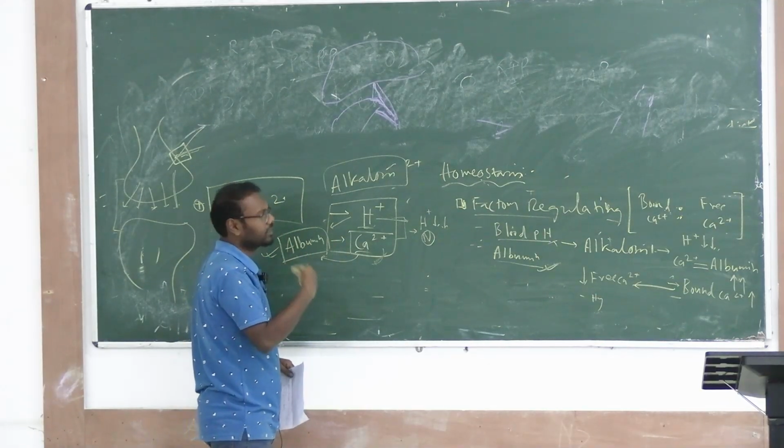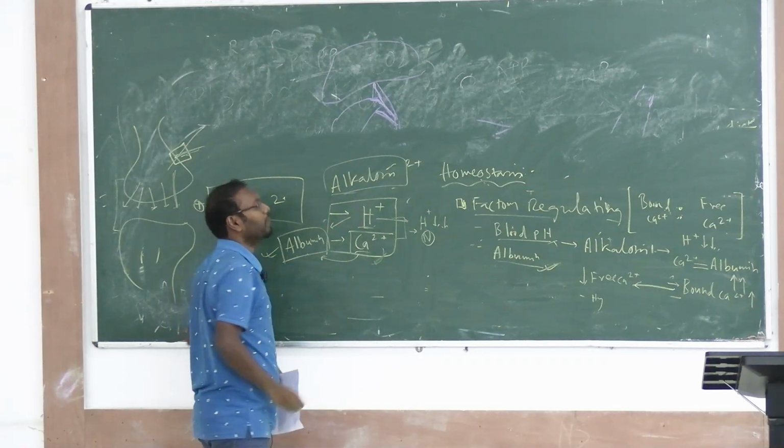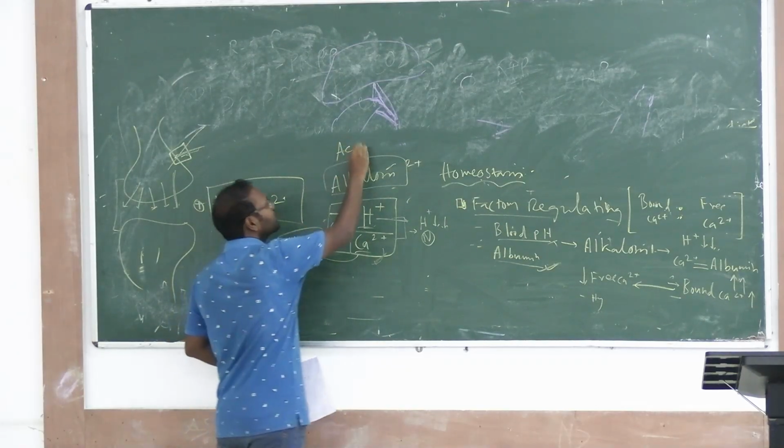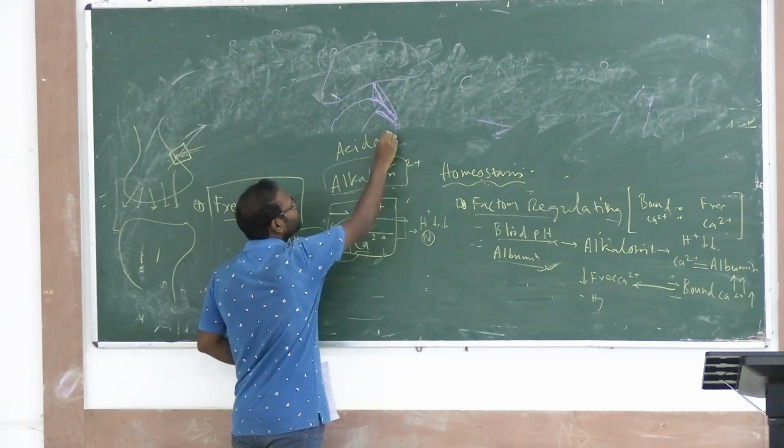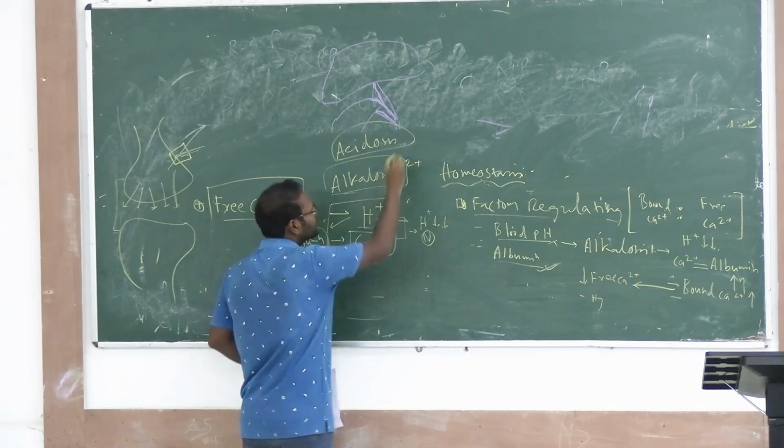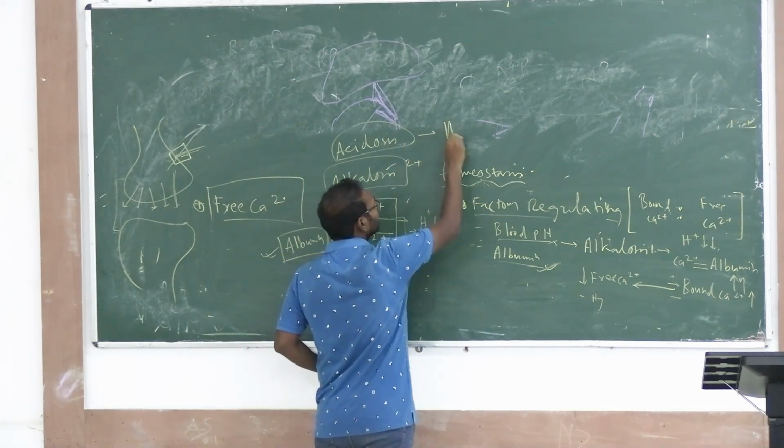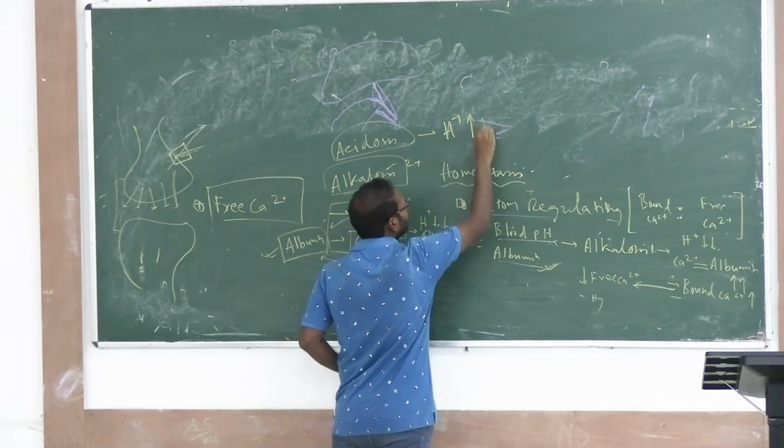Homeostasis is maintained. But whenever we suffer from alkalosis or acidosis, we will have the exact opposite effect. Acidosis means my H plus will be much higher. Then what will happen?